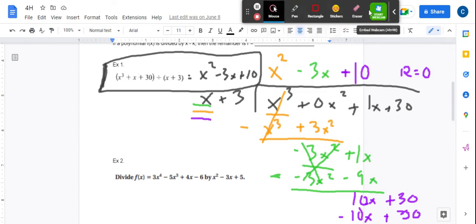Now, let's broaden the context here a little bit, okay? So we did this long division. We ended up with a remainder of 0, which is really nice.